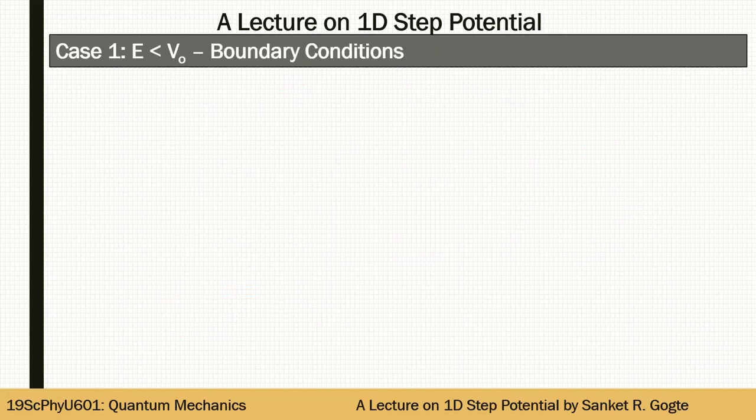Before we calculate the probability of reflection and transmission, which are called the reflection coefficient and transmission coefficient respectively, we have to complete some mathematical steps. We have to do some mathematical jugglery.